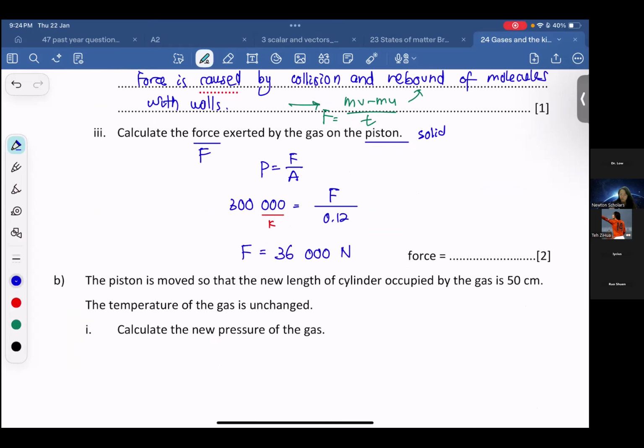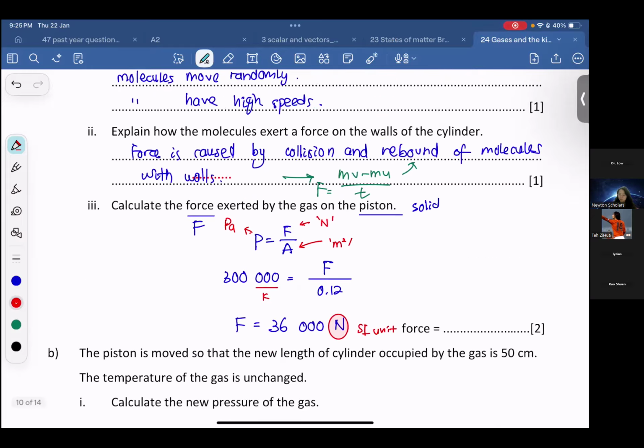Dear students, here I want to emphasize this. Force in Newton is an SI unit. When Newton is the SI unit, the pressure must be in SI unit, which is Pascal. Then area must also be in SI unit, which is meter square. Then the force here is in Newton.